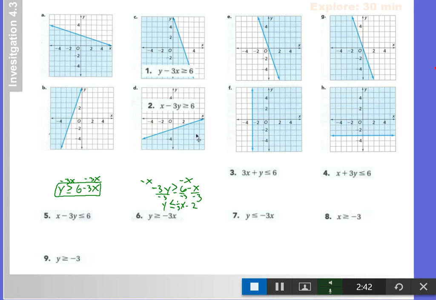You may have noticed that in our work so far, there's a shortcut to finding the shading. So now minus 3x, and I get y is less than or equal to 6 minus 3x. So we have a y-intercept of 6, but now a negative slope.